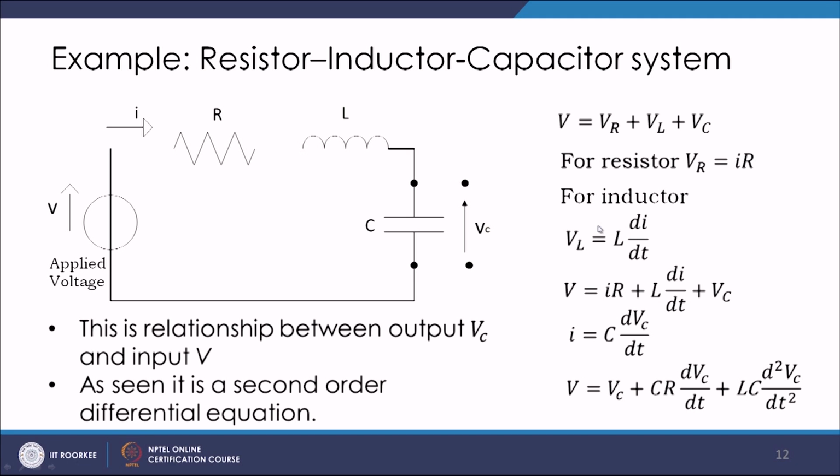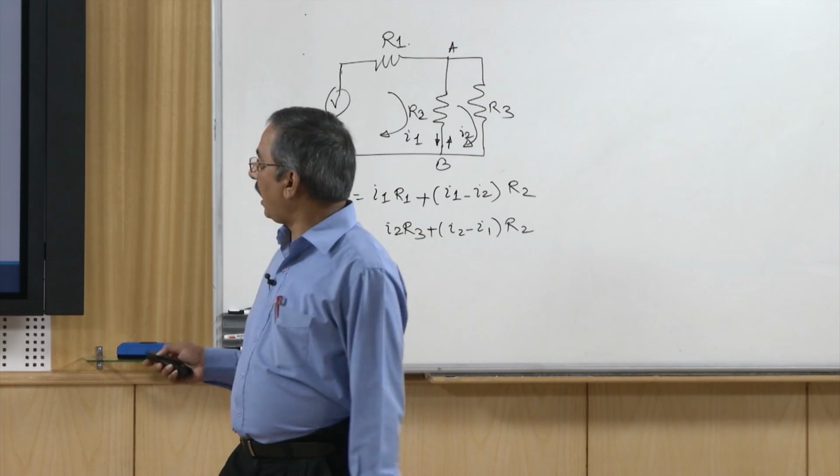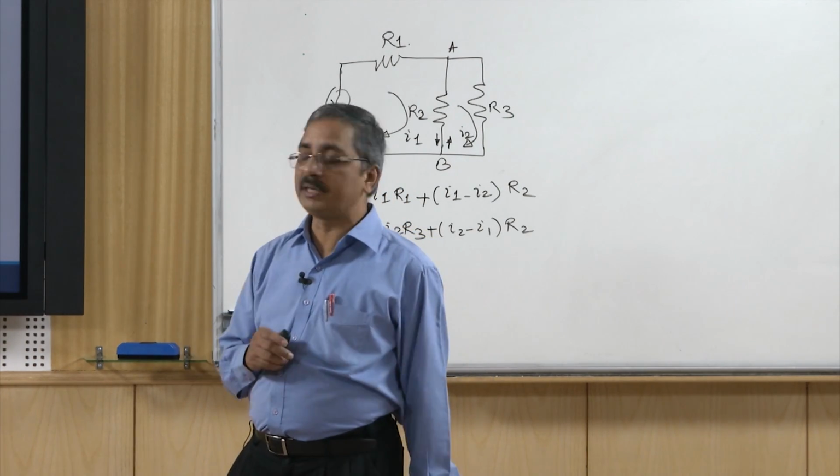So, V is equal to IR for the resistor plus L di by dt for the inductor. I am not touching Vc because I want my expression in terms of Vc, because Vc is my output voltage. So, I want this expression in terms of Vc only.